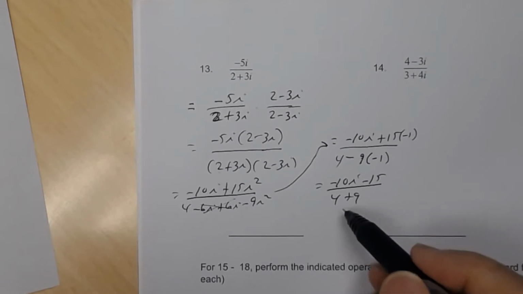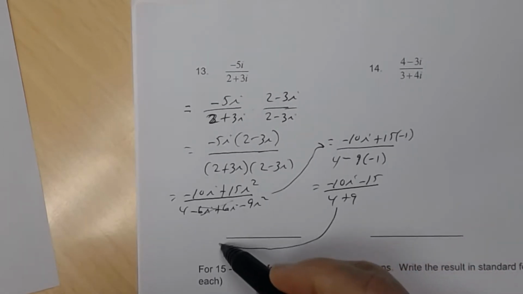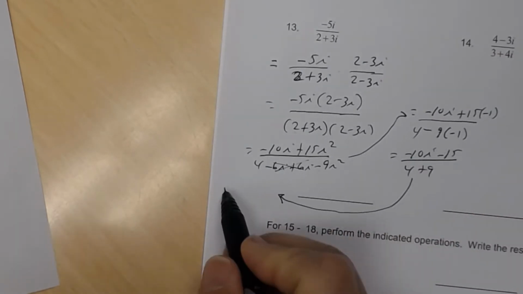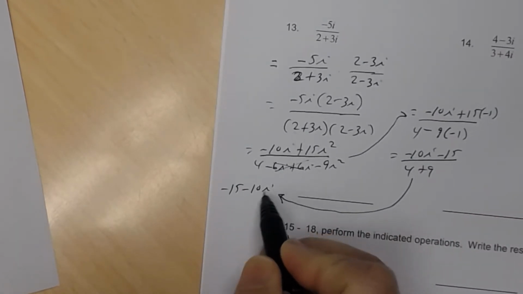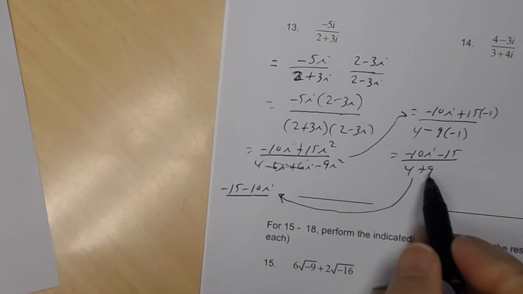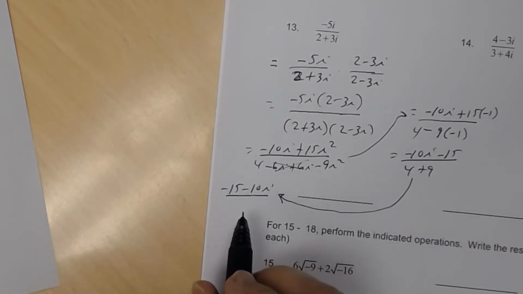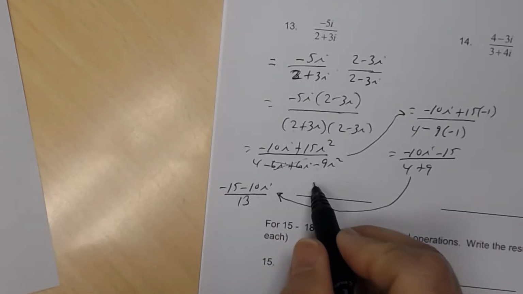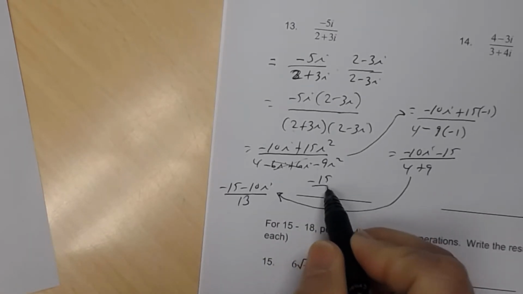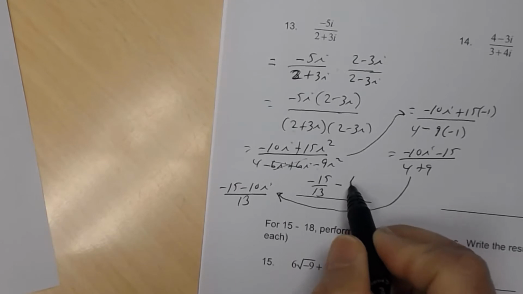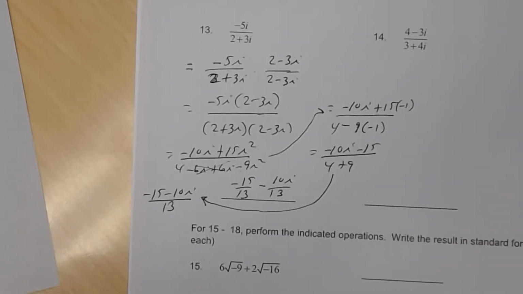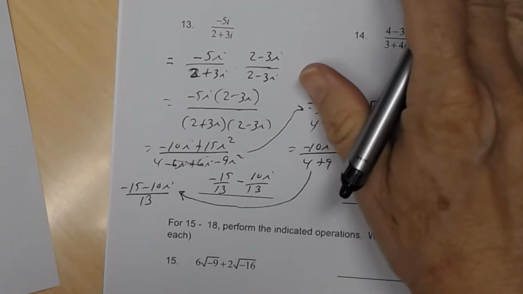And so, I'm running out of room here, and so I get negative 15 minus 10i divided by, and then 9 plus 4 is going to be 13. And so if you write it in standard form, the answer is going to be negative 15 divided by 13 minus 10i divided by 13. Okay? All right, number 14.